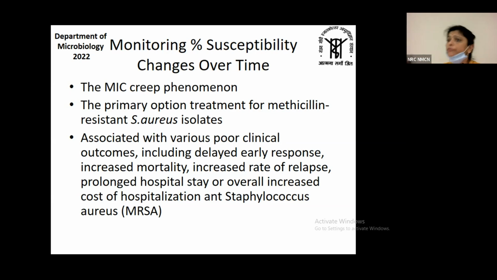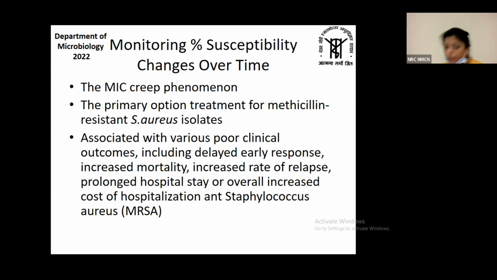That is, suppose the MIC value was 0.2 microgram per ml during the year 2000, and by and large it was near 0.5. Now gradually we are seeing a creep phenomenon and the MIC value is rising. So you know that some mechanism of resistance is being generated, and this is very significant for MRSA and vancomycin.